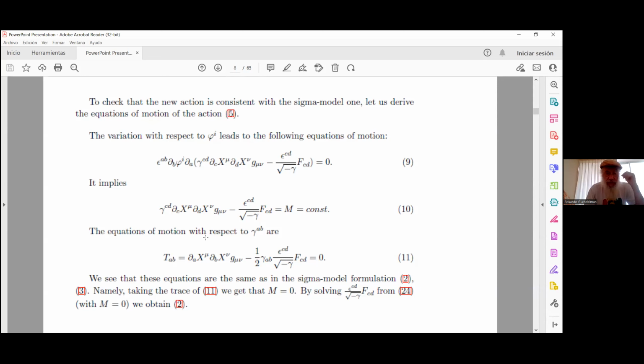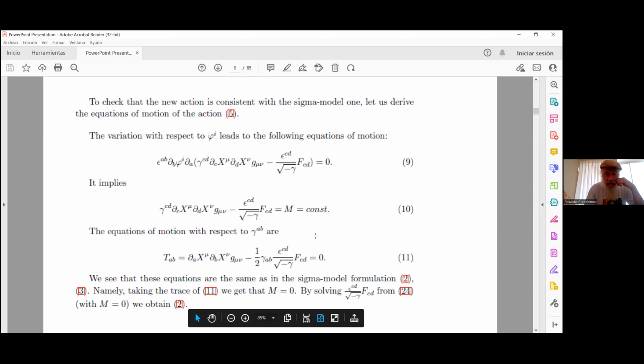The variation with respect to gamma_ab gives you this equation. From the contraction of this equation, you can replace this object here, and then you are forced to have m equals 0.